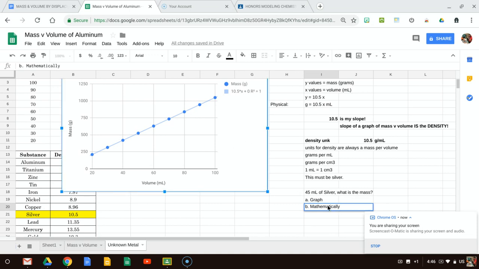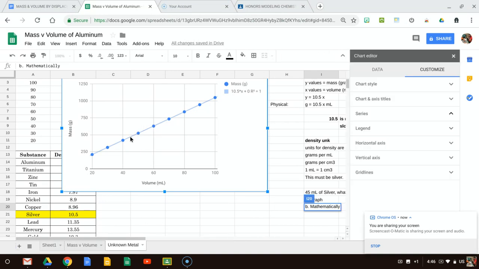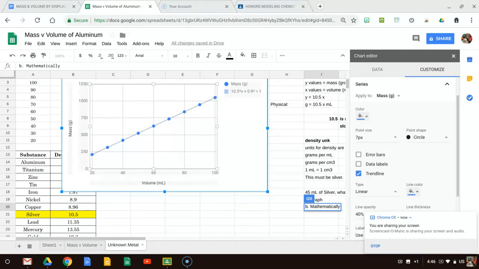So on the graph, if I want to find where 45 is, here's 40. This is 50. So in between 40 and 50, it would be somewhere right here on the graph. I'm not really going to draw on the graph, but if you could see where my line is, it looks like it's somewhere by like 480 or 490, right? I'm just kind of estimating that this would be about 480, 490.